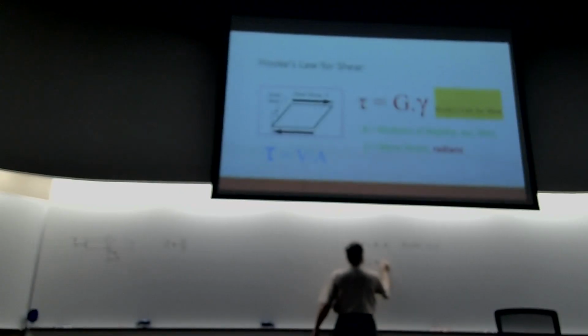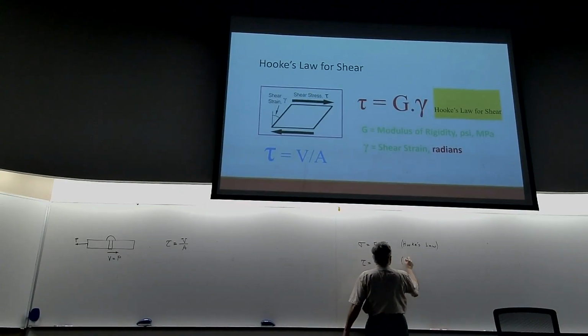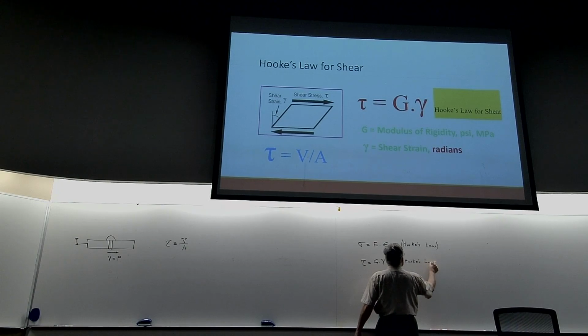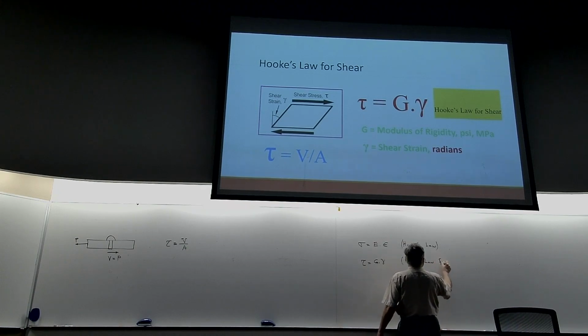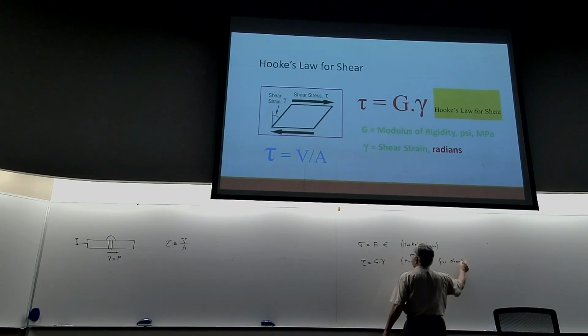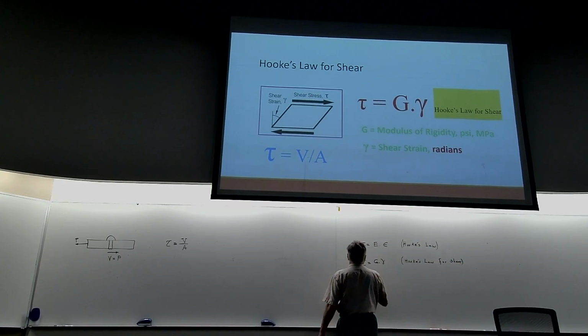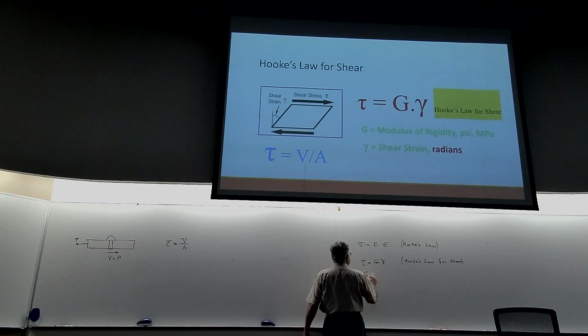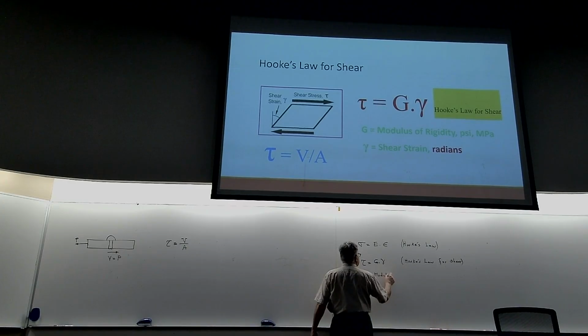Now we have a similar equation, tau is G times gamma, and this is called Hooke's law for shear. G is called modulus of rigidity.